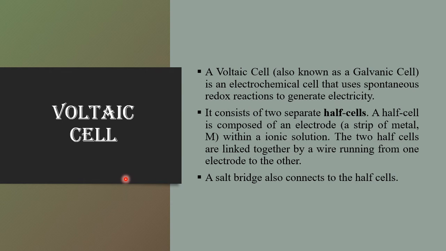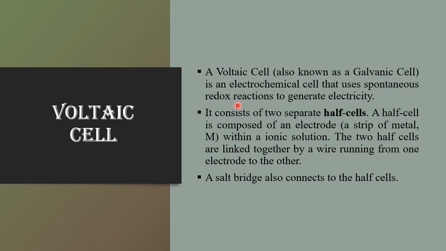Voltaic cell. Now let's discuss what the voltaic cell is, what its principle is, and what the different parts of the voltaic or galvanic cell are. A voltaic cell was discovered by the scientist Galvani, and it is an electrochemical cell that uses a spontaneous redox chemical reaction and converts it into electric current.